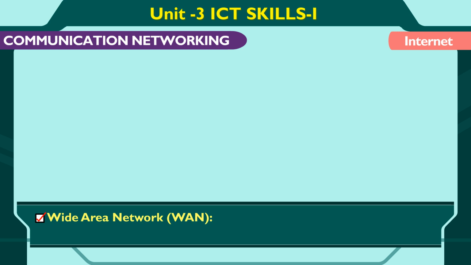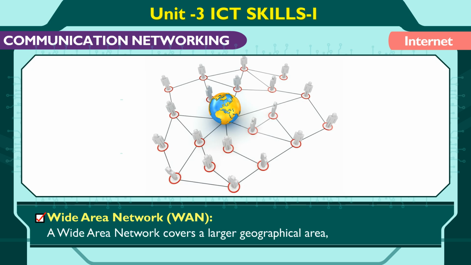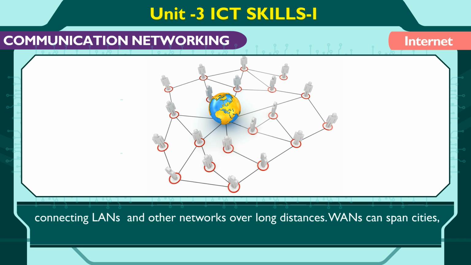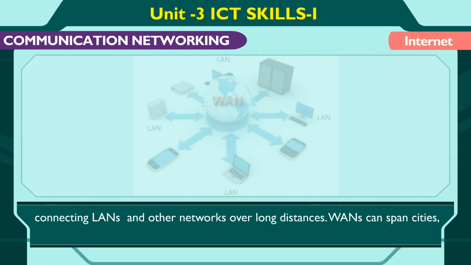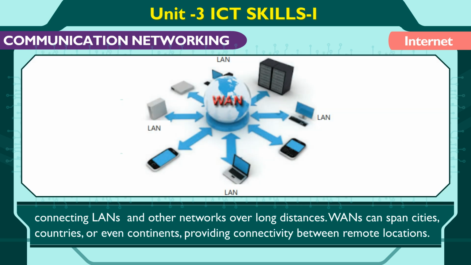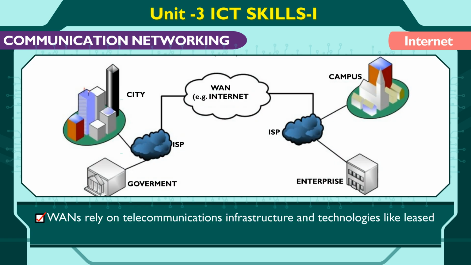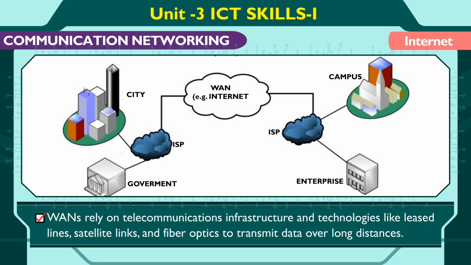Wide Area Network, WAN. A wide area network covers a large geographical area, connecting LANs and other networks over long distances. WANs can span cities, countries, or even continents, providing connectivity between remote locations. WANs rely on telecommunications infrastructure and technologies like leased lines, satellite links, and fiber optics to transmit data over long distances.